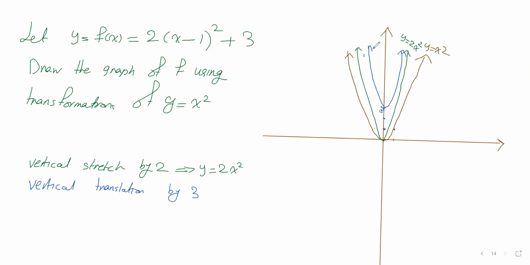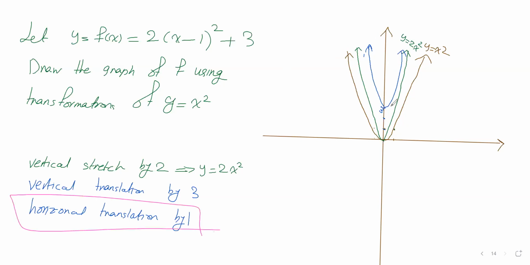You shift your green graph 3 units up, and finally 1 unit to the right. Horizontal translation by 1 means I go 1 unit to the right, so I shift this one 1 unit to the right. Again, this is a rough graph.